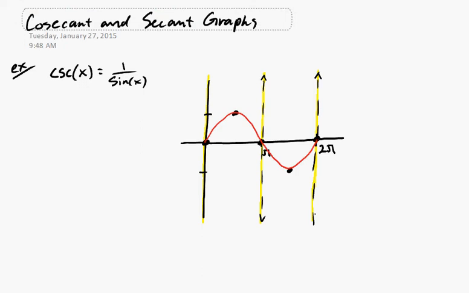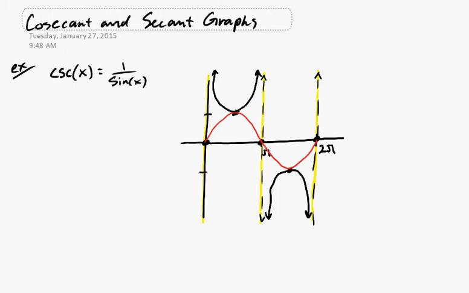Alright, and so the other thing that happens is that we will have a shape that will start from positive infinity, come down, hit our normal amplitude from the sine, and then kind of go up like this. So back here, when sine is negative, we are going to have something similar, kind of like this. Now the reason is because you're dividing by the height of sine.